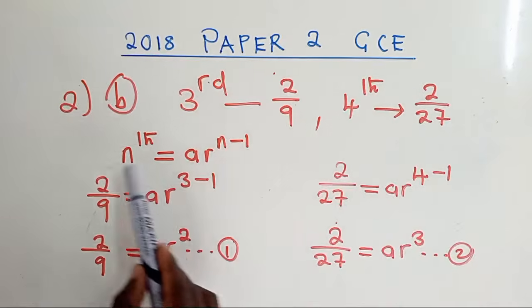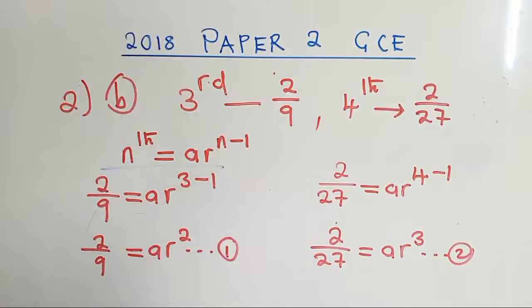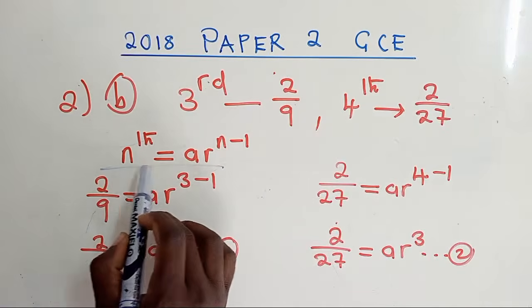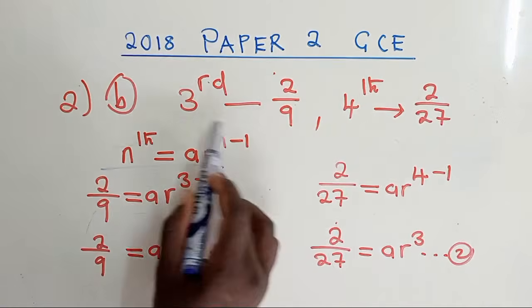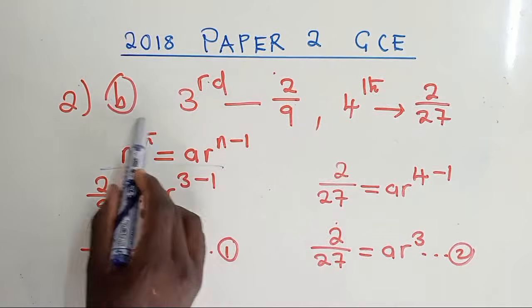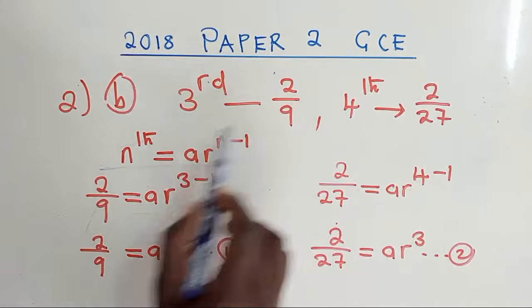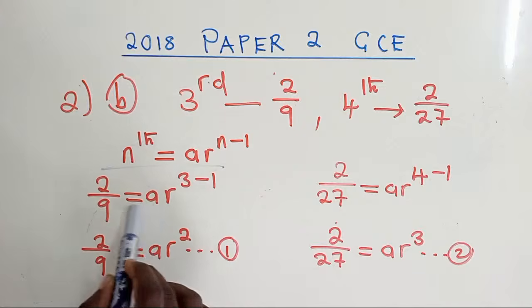So all what you need to do is to know the formula. When dealing with the geometric progression, this is the nth term formula, the formula we use to find the term. So on this side where there is nth, put the term. So we put 2 over 9, and that is equal to a r.